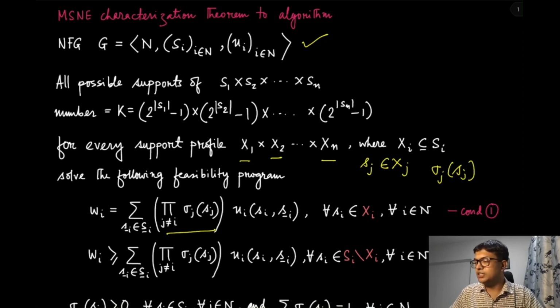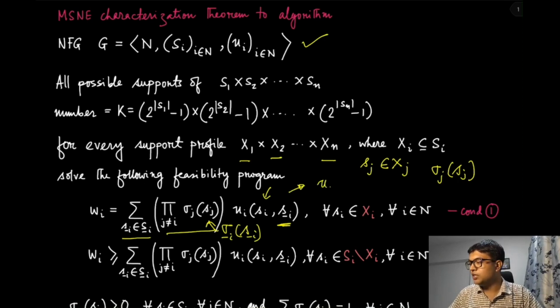This essentially is the expanded form of sigma minus i of s minus i. And we multiply that with the utility when this player is playing si and the other players are playing s minus i. We take the sum over all s minus i in capital S minus i; note that these are all finite sets, so we can take the summation. This is giving us the expected utility. So this whole right hand term together is nothing but ui of si, sigma minus i.